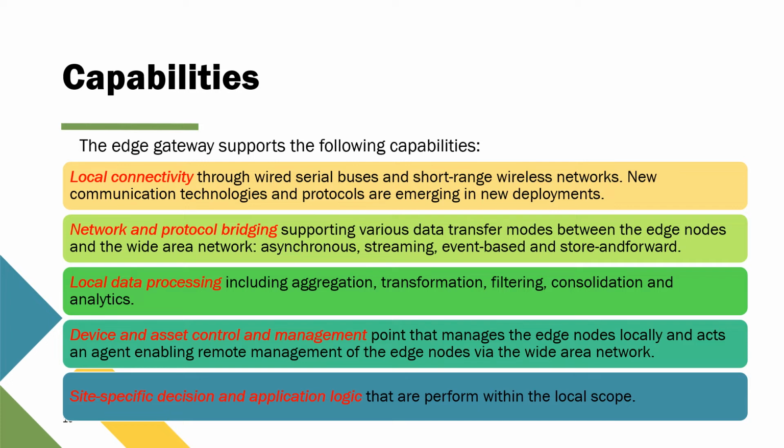And then local data processing, where all the data can be aggregated and transformed. It can also filter redundant information, do some consolidation and also analytics before it goes into the platform tier. Then device and asset control and management points that manage the edge nodes locally and act as an agent enabling remote management of the edge nodes via the wide area network. Meaning it can manage and control the devices and assets in the edge tier before all the information is gathered in the platform tier.